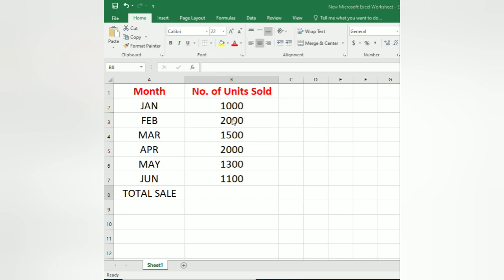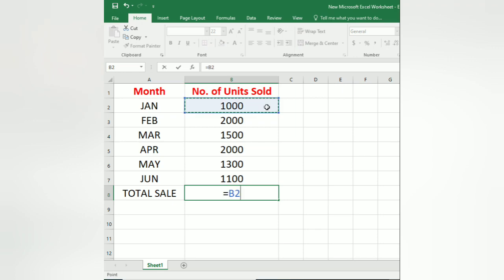Here, first we have to select the cell B8, then insert the equal to symbol. See, here is the formula bar. After inserting the equal to symbol, it is visible in the formula bar also. Then select the cell B2. Then you can see B2 is visible in the formula bar. Then insert the addition operator. Then see the mark.